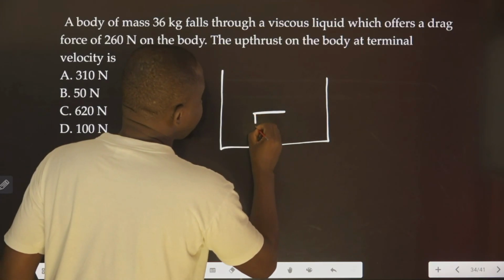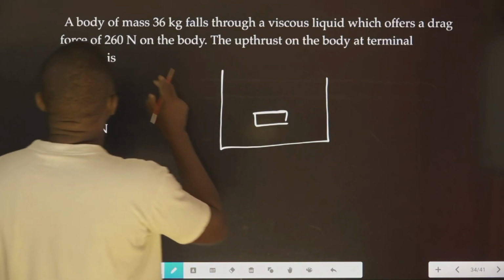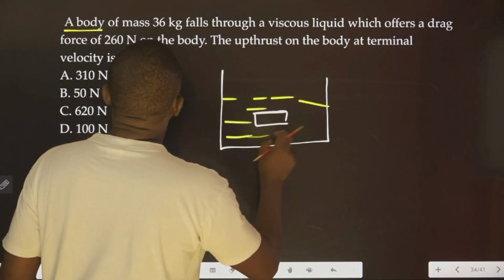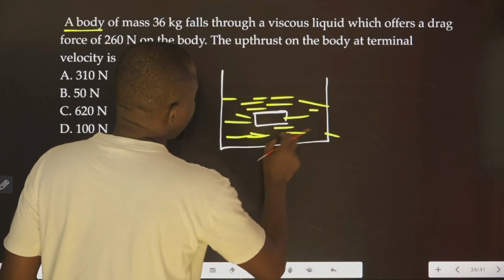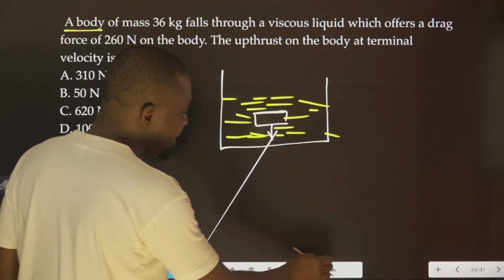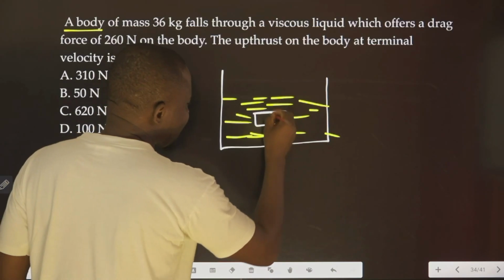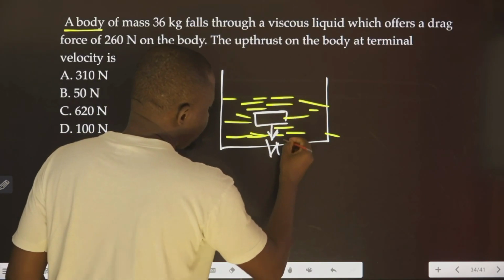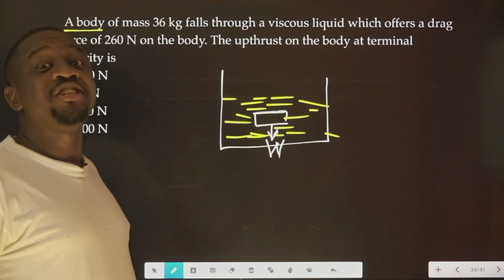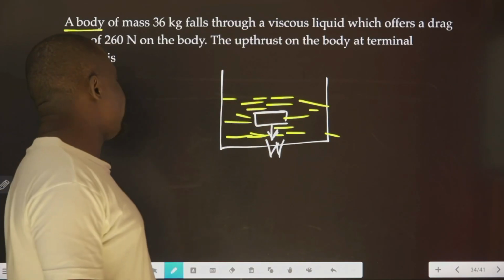Assume this is the body we are talking about, and this is the viscous liquid. There's a force that is bringing it down. What force is that? That is the weight of the body, which you can also consider as the body being dragged by the force of gravity.